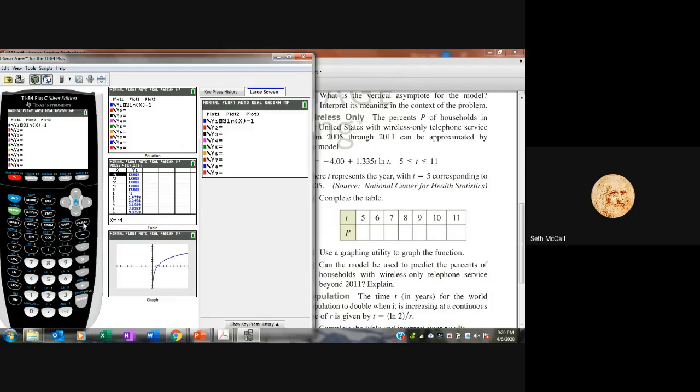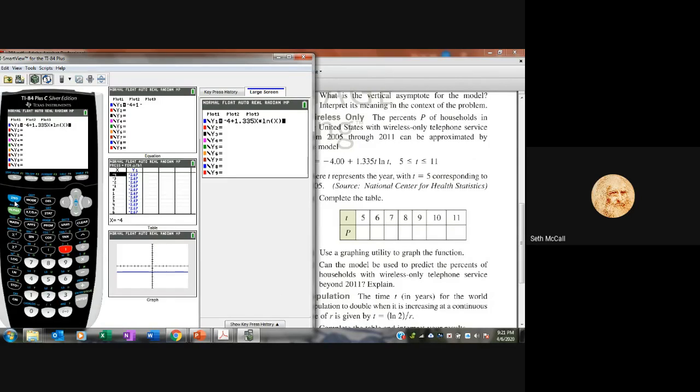The way that you do that is you press your y equals key, get your y equals screen up, and put in the equation. So you can see I have -4 plus 1.335 x times natural log of x. And they want to fill out the table from 5 to 11.